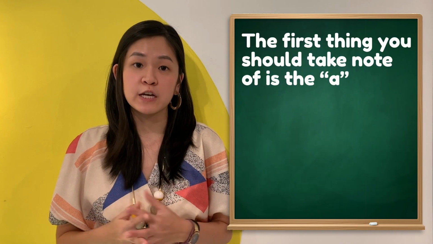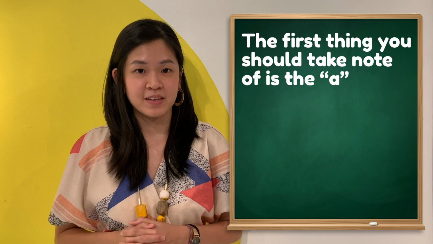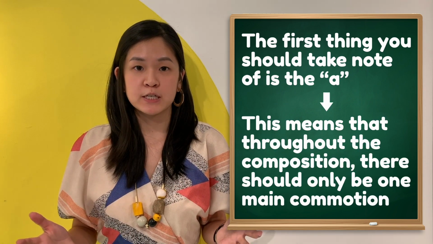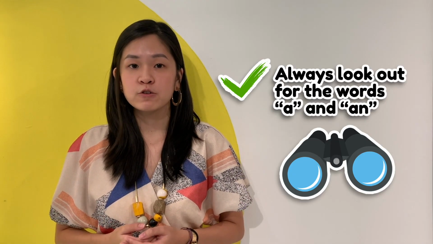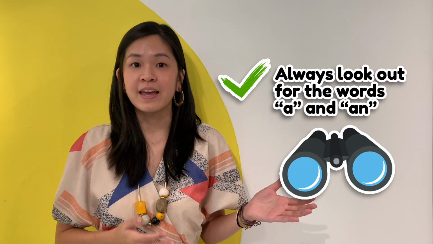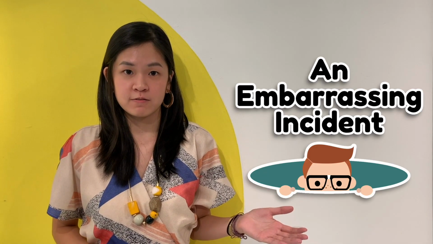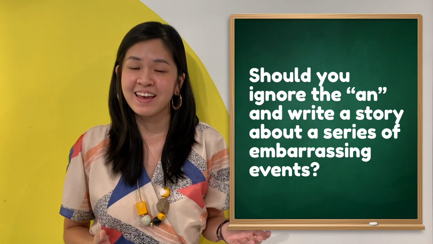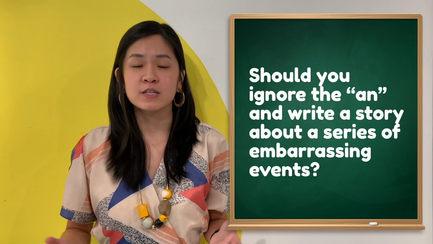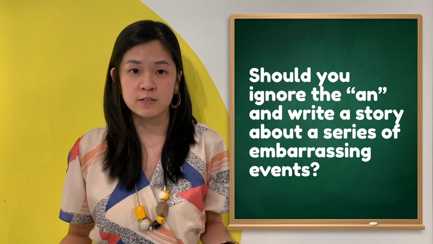The first thing you should take note is the word "a". This means that throughout the whole composition, there should only be one main commotion. When looking at a composition topic, always look out for the words "a" and "an". For example, if the topic is an embarrassing incident, some students tend to ignore the word "an" and go on to write a story about a series of embarrassing incidents.